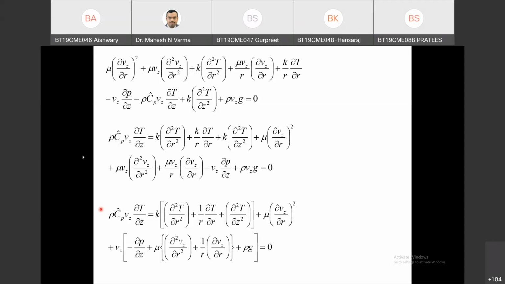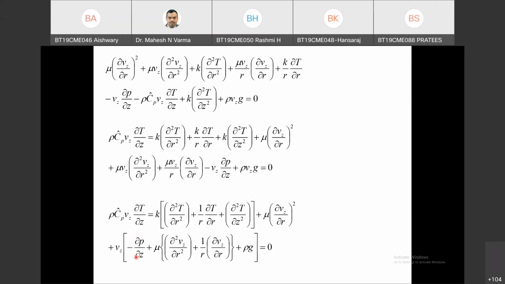Roll number 50, Rashmi. Yes, sir. This whole bracket. Can you see my cursor? Yes, sir. This equals 0. Why?